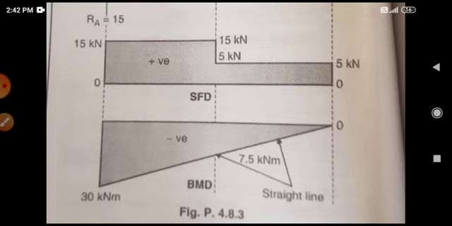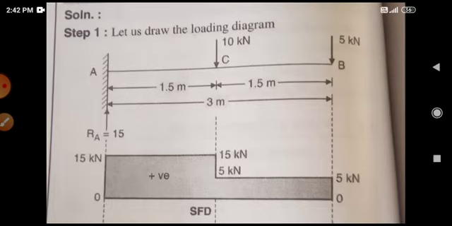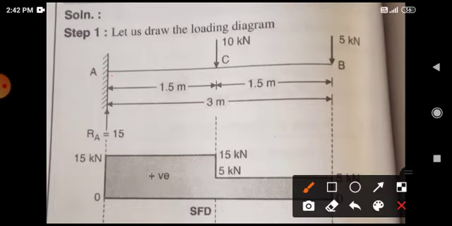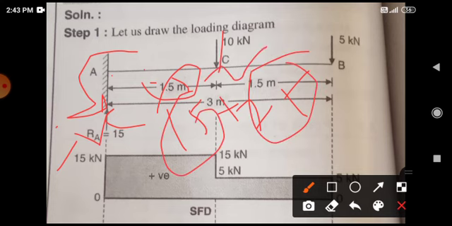Now you have to draw the bending moment diagram. Before that, just calculate the bending moment about point A. So let's calculate the reactive bending moment at point A. It will be negative as it is in anti-clockwise direction, and it will be equal to the bending moment due to 10 into 1.5 is equal to 15, plus 5 into 1.5 is equal to 7.5, that means 7.5 plus 15 is equal to 22.5.